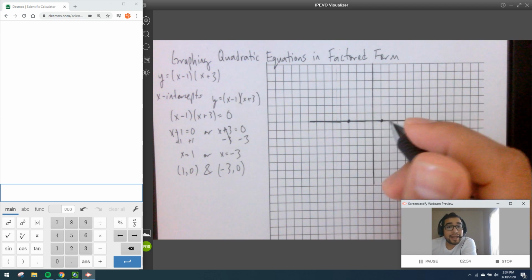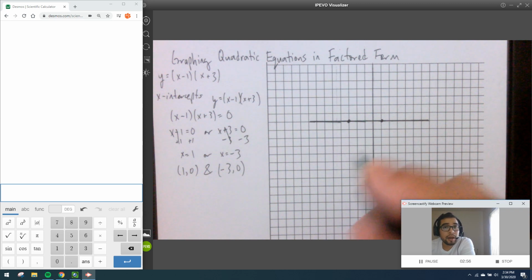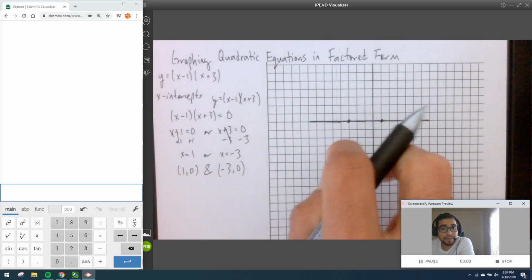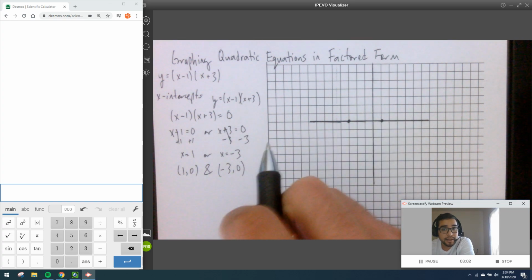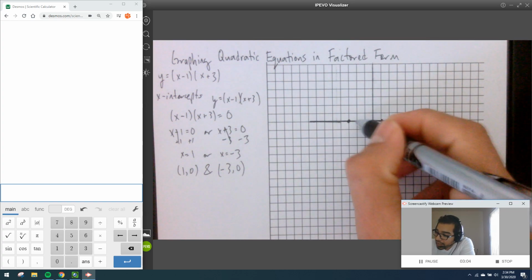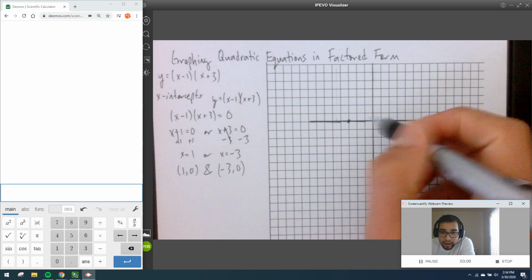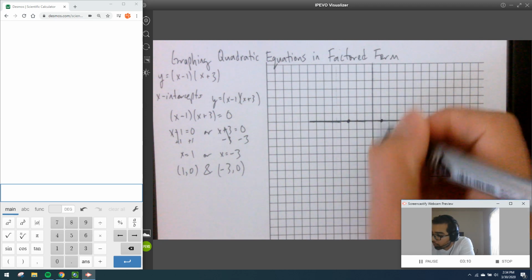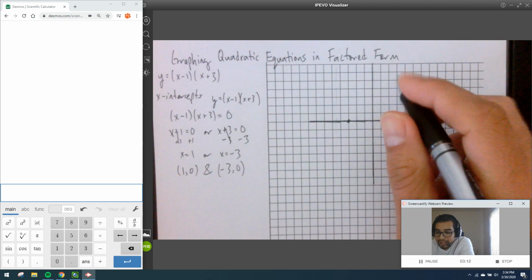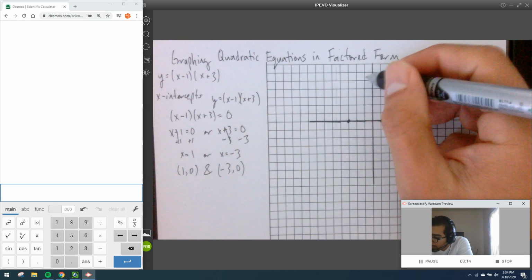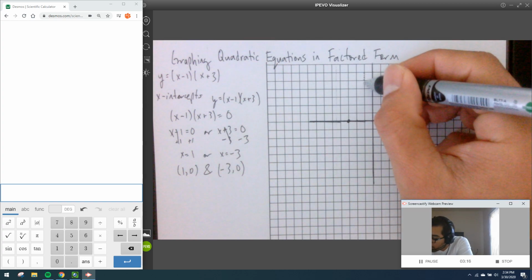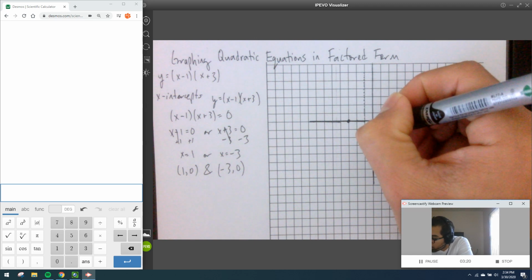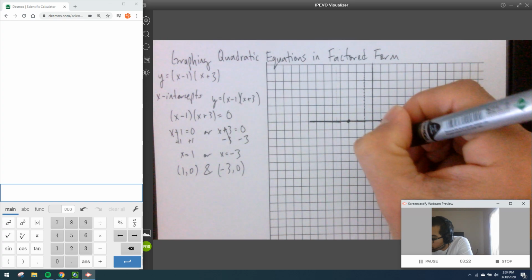Okay, and in our previous video, we also talked about the symmetry in these parabolas, right? If I take a look at these points, they are 4 units away: 1, 2, 3, 4. And we need some symmetry. So I'm going to draw my axis of symmetry, which is right between my two zeros, my two roots.